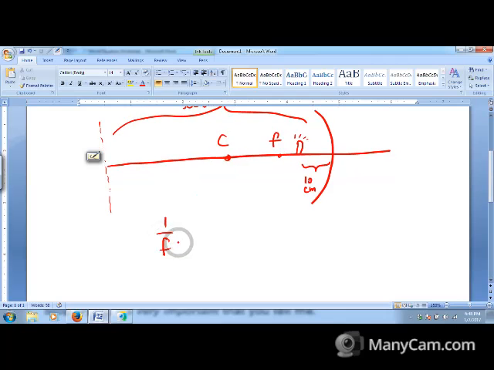Because we know 1 over the focal length is 1 over the object distance, which is 10, plus 1 over the image distance, which we know is 300. I didn't do this one in advance, so I know that 1 over f is going to be 31 over 300.